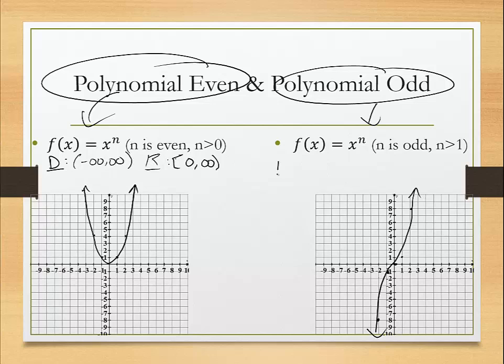So for domain, we're going to go left to right, which is arrow to arrow, meaning we're going to have negative infinity to infinity. And then for range, it's from bottom to top, which is arrow to arrow, meaning it's going to be negative infinity to infinity.